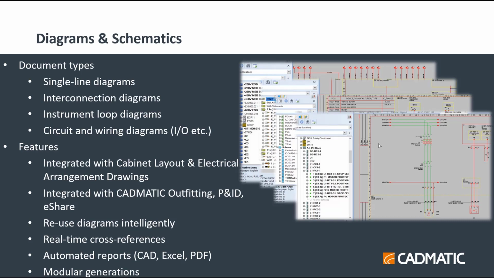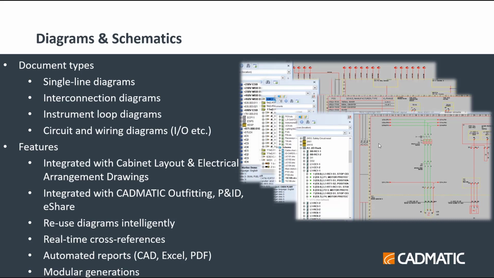All the cross-references are working in real time in CADMATIC Electrical. There is no need to manually update any references. Reports are generated automatically, and you can do those in CAD, in Excel, or in PDF.